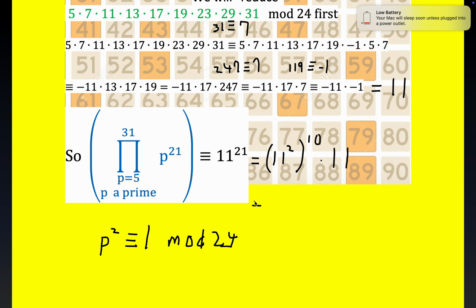So this would be congruent to just 1, raised to the 10th power, which is always good news. Times 11, which is equal to 11. And that completes the demonstration here. Okay, that's it, folks. The whole thing reduces to 11 modulo 24.